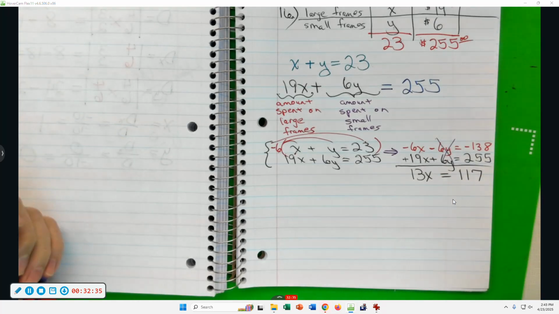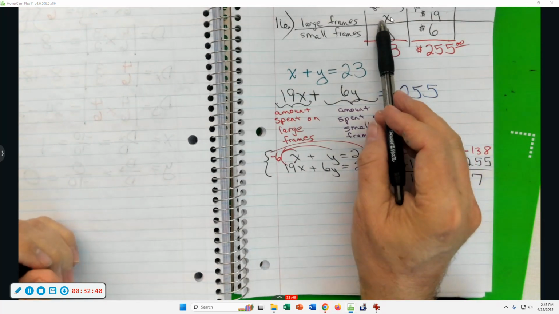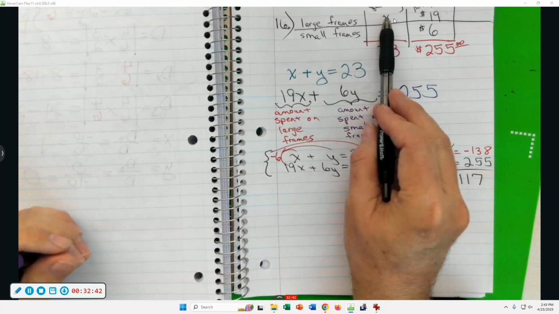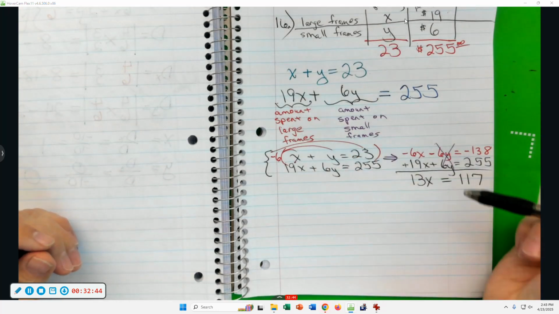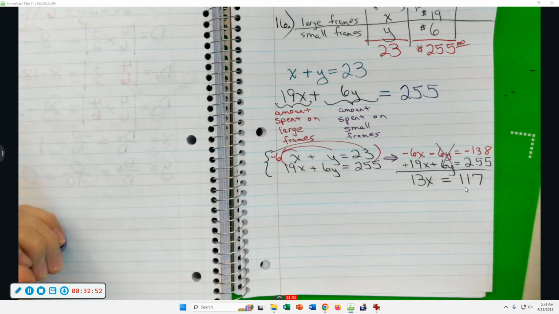Now, remember, x is representing the number of large frames that this artist bought. Would it make sense for me to get an x equals negative 4? Would that be acceptable? No. We can't get a negative. What about a decimal fraction? Would that make sense?